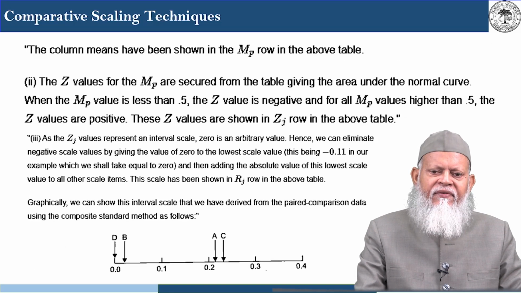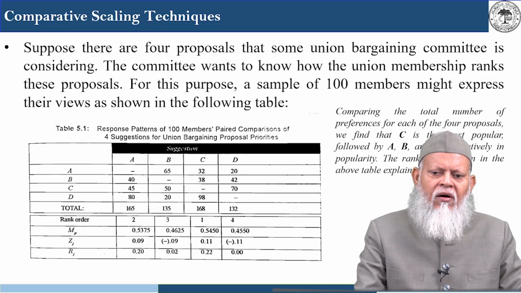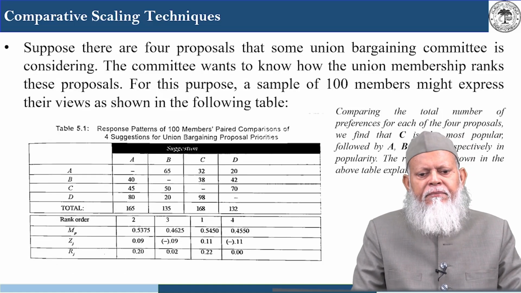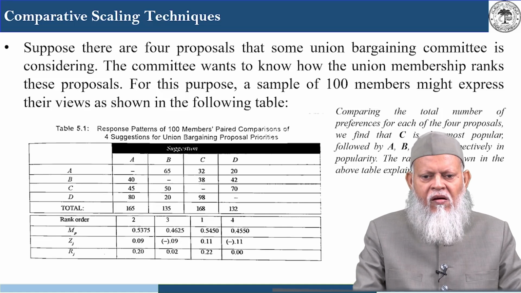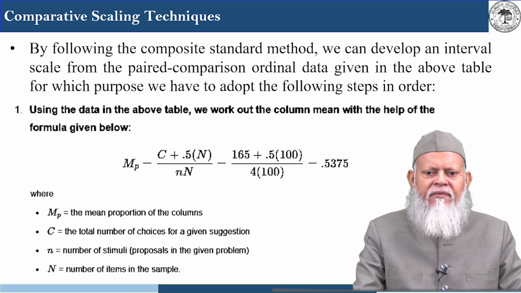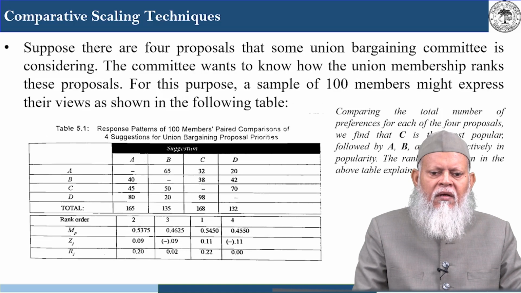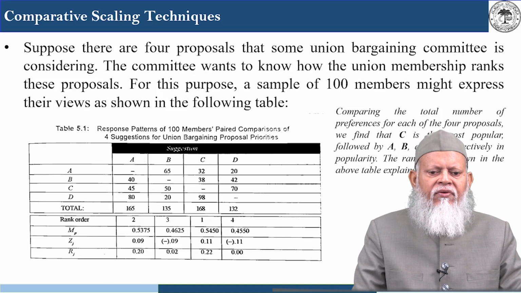So, that way we will calculate the MP of all the stimuli, the column mean. The column mean for A here is 0.5375.